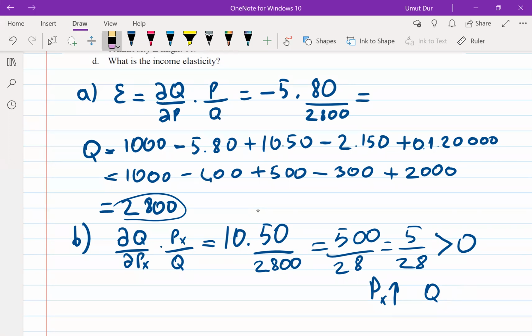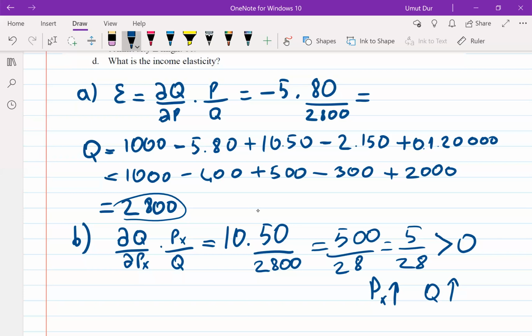So this is correct, but let's think about the price of one good increasing. Let's make it more concrete. I'm looking for the demand for coffee, and the price of good X is increasing, and my quantity demanded for coffee is also increasing. So there should be some kind of competition between them. Either I would like to buy more eggs or more coffee.